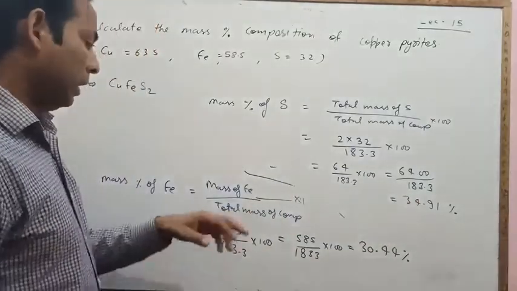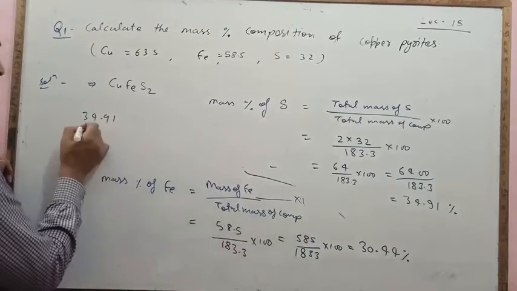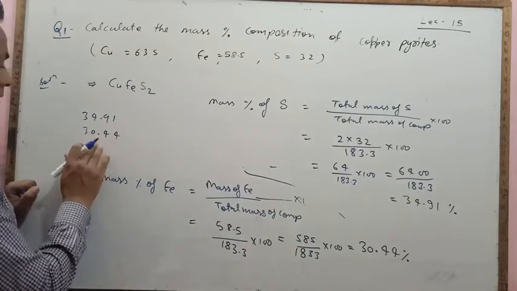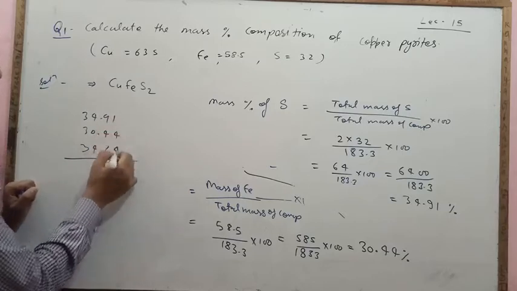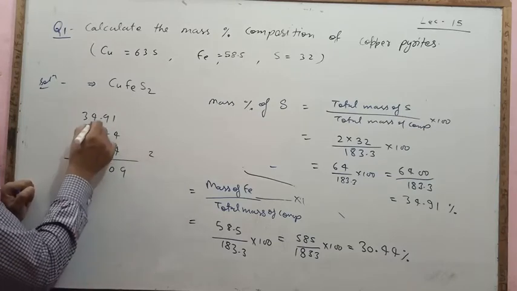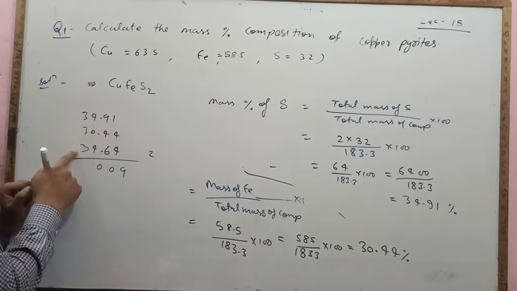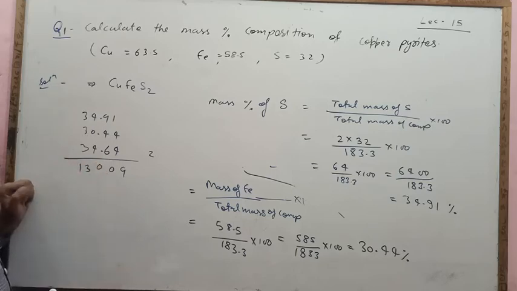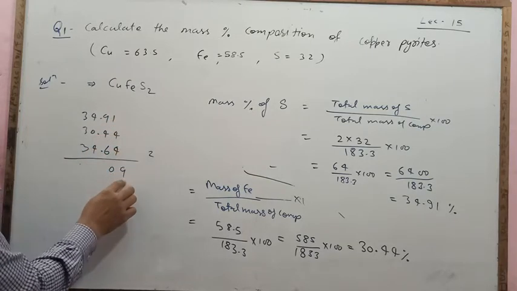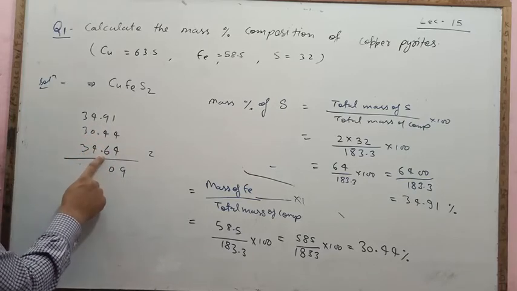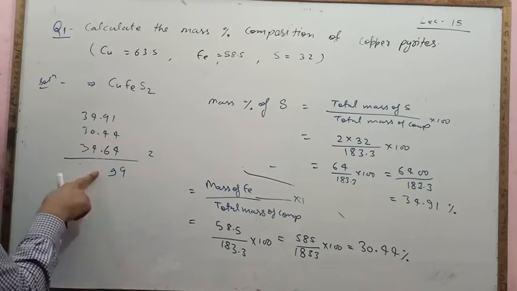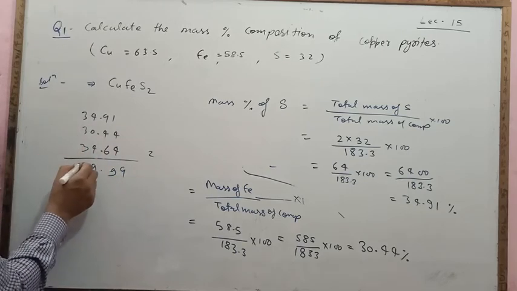Suppose 34.91, 30.44, and 34.64 that I calculated earlier. After adding, we get 99.99.